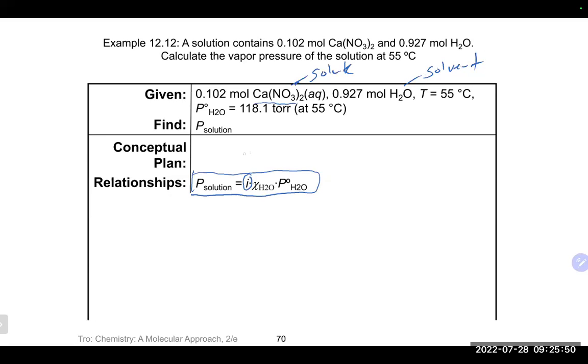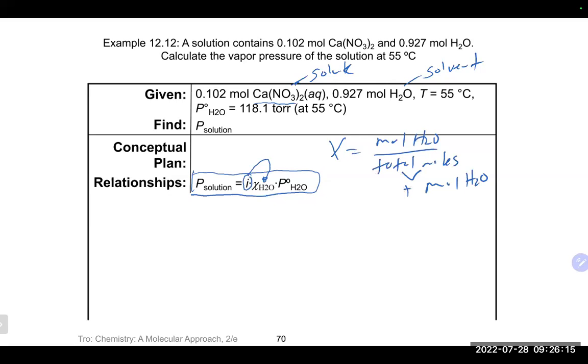Now, remember that with Raoult's law, the i gets incorporated into the mole fraction part of it. So we do want the mole fraction of water, and to do that, it would be the moles of the water over the total moles, which in this case would be the moles of the water.